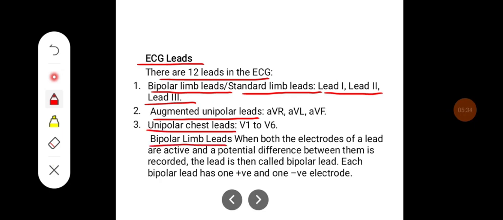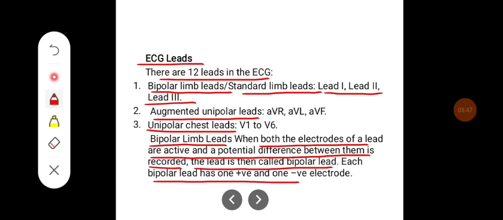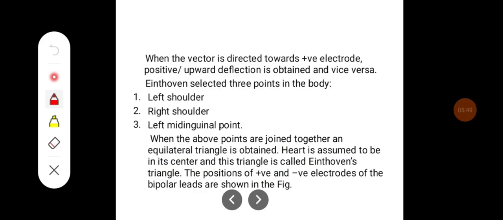Bipolar limb leads. When both the electrodes of a lead are active and the potential difference between them is recorded, the lead is called a bipolar lead. Each bipolar lead has one positive and one negative electrode. When the vector is directed towards the positive electrode, an upward deflection is obtained and vice versa.